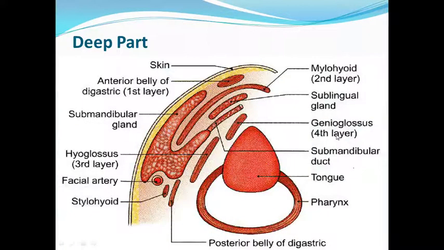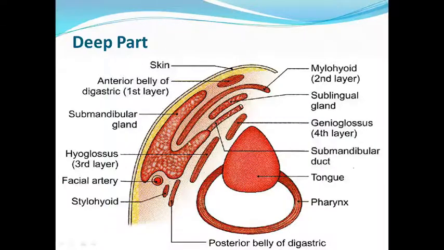Now talking about the deep part. The deep part is the small part; compared to the superficial part, it is smaller in size. This submandibular gland is basically divided into the superficial part and deep part due to the indentation by the mylohyoid muscle. The position of this deep part can be defined with the help of the mylohyoid muscle and hypoglossus muscle.